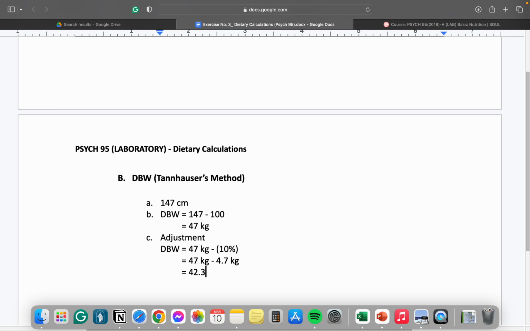42.3 kilograms, or following the rule of rounding off to the nearest 0.5, this is closer to what?